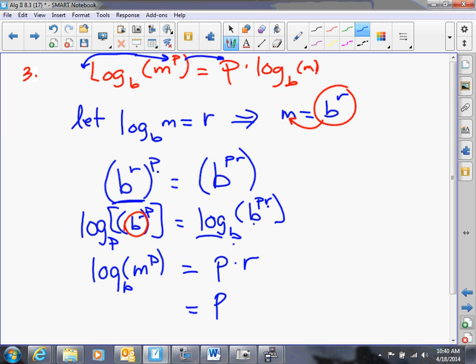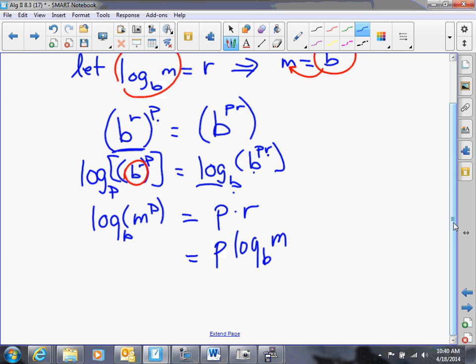Well, right up here we have r is equal to log base b of m. So I'm going to replace r with log base b of m. Now over here, the equal sign still works, so we have log base b of m to the p is equal to p times log base b of m, which is exactly what we wanted to prove.